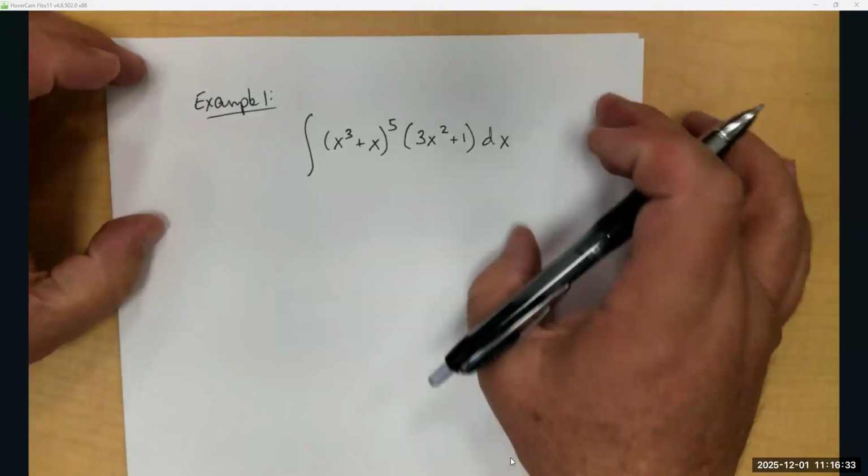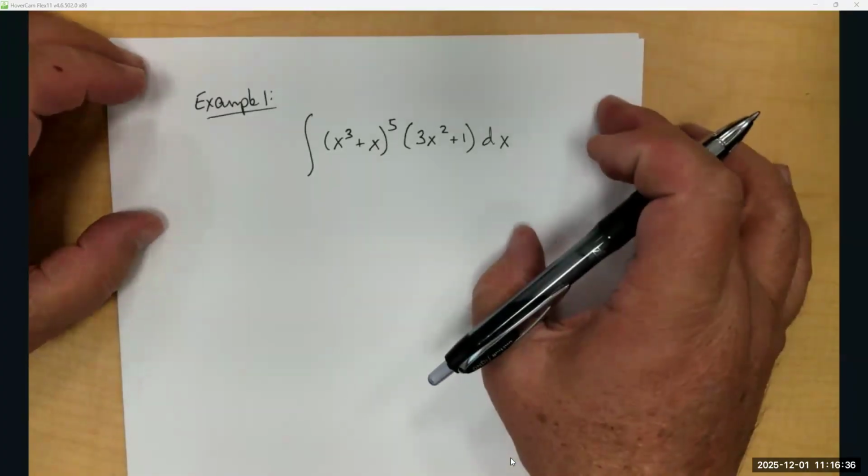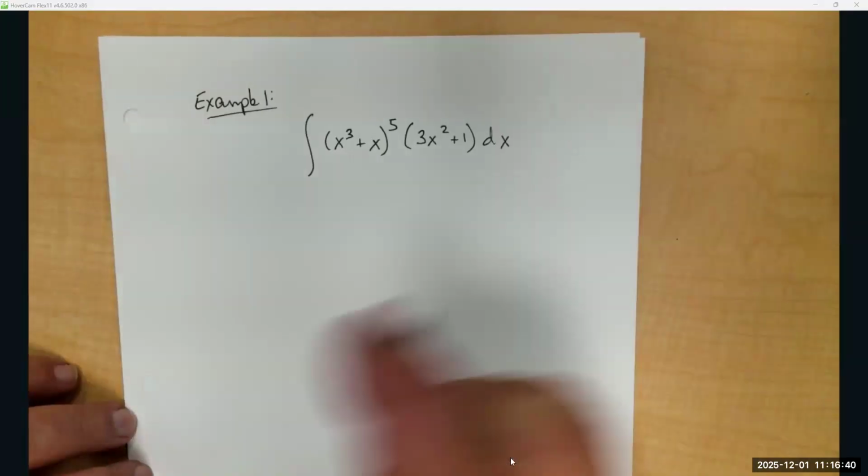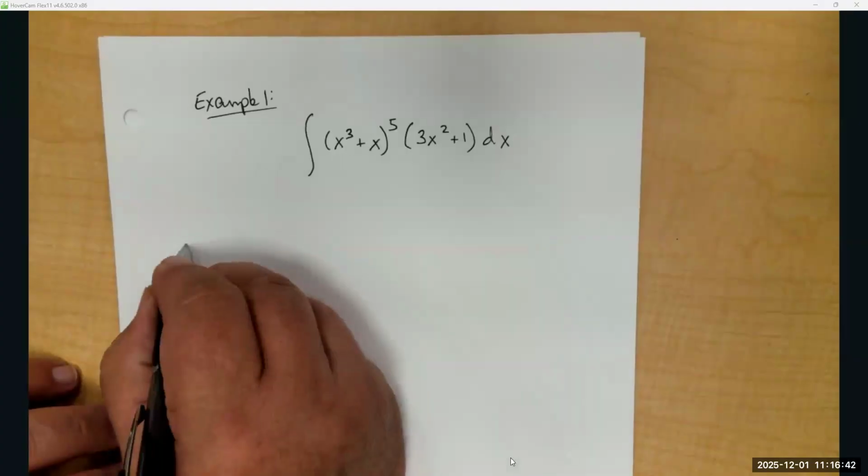Actually, before we do this one, let's do some practice ones, because this one is taking a big jump already. We'll come back to this one.